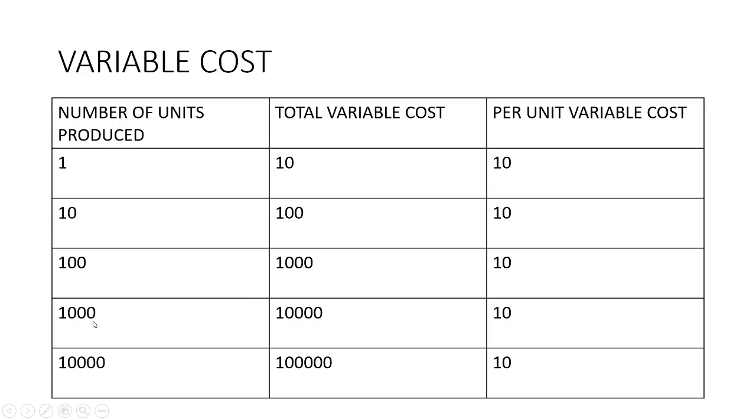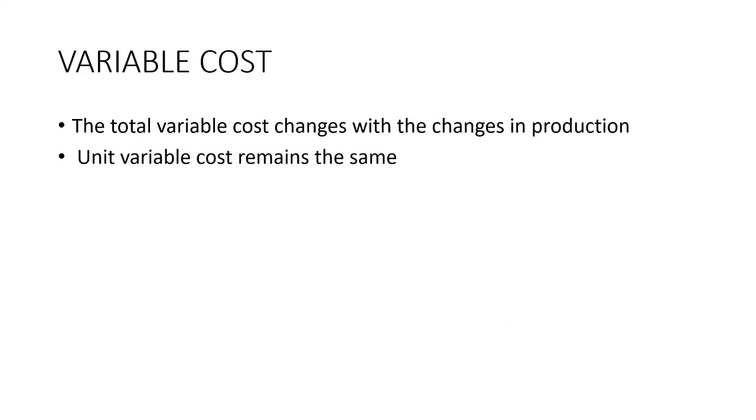If you are producing 1000 units, the total variable cost will be 10,000. Per unit variable cost is rupees 10. If you are producing 10,000 units, the total variable cost will be 1 lakh, and the per unit variable cost, that is the cost of material per unit, is rupees 10. It does not change. So we'll see the characteristics of variable cost.